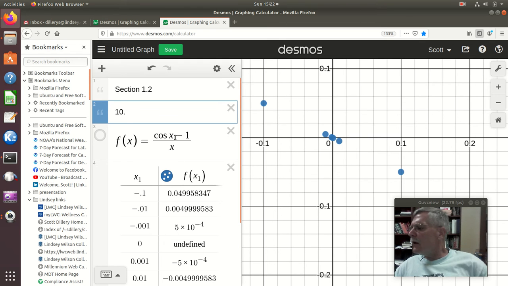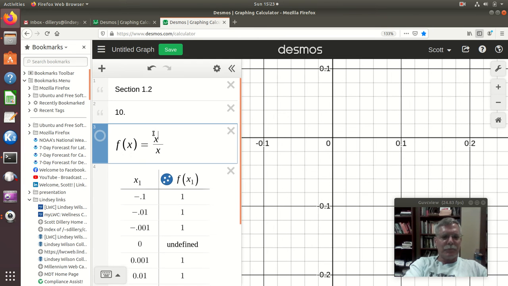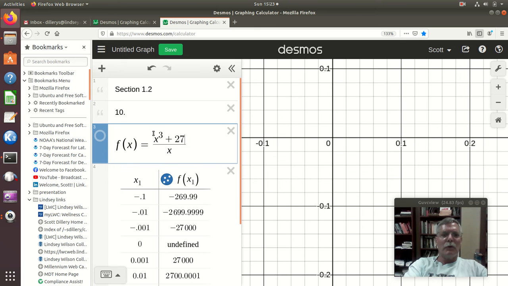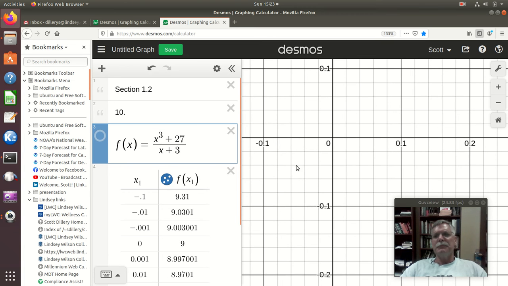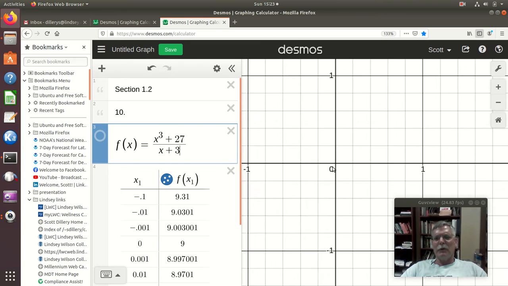Number 10 is x cubed plus 27 over x plus 3. So I'm just going to go in here and, oops. So x cubed plus 27 and over x plus 3, and I'll zoom out to try to find my picture here somewhere.